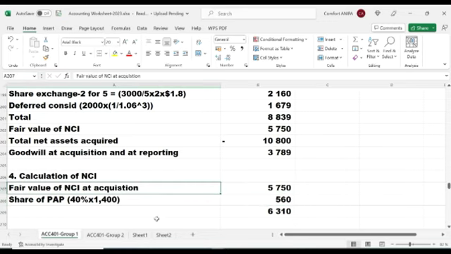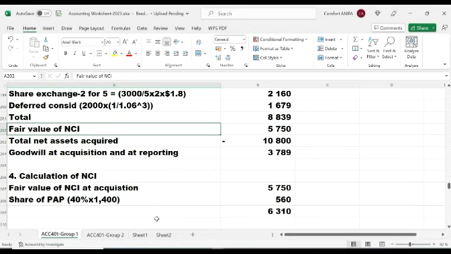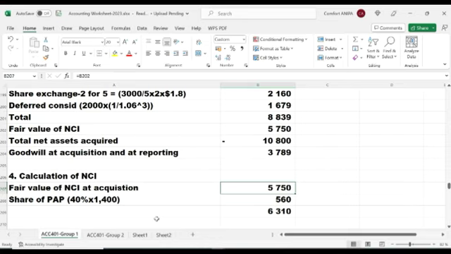Then you calculate your NCI, and since we are measuring NCI at fair value, you start with the fair value of NCI at acquisition, which is the same figure you used in the computation of the goodwill. So whatever figure you put down for NCI in the computation of goodwill, that same figure comes as your first figure in the computation of NCI.